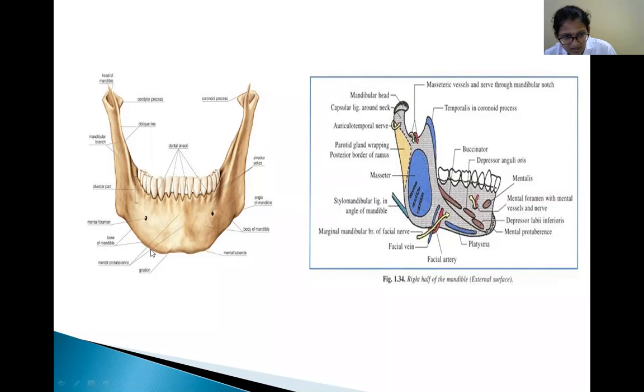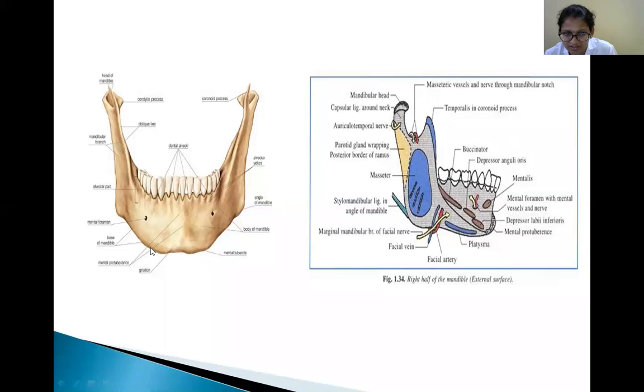This lower border or base extends from the midline and runs backwards laterally. It gives attachment for the investing layer of deep cervical fascia.